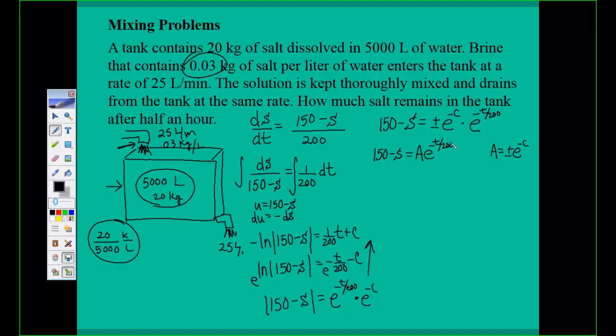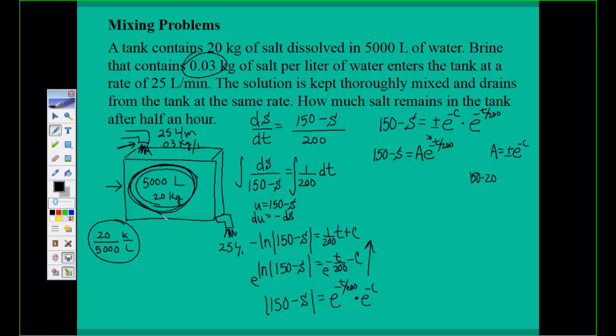And we do have an initial condition. We know the amount of salt, S, at time 0. So let's solve for A at this point. The amount of salt is 20. Now we're looking back over here. We said the original amount of salt is 20 kilograms of salt at time 0.